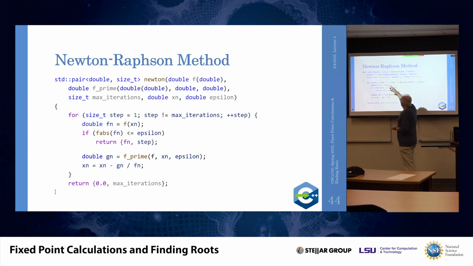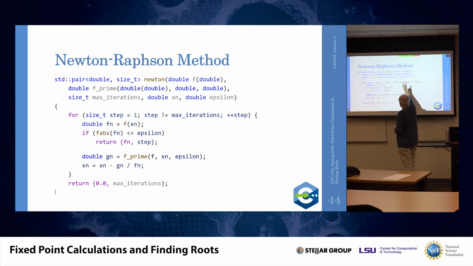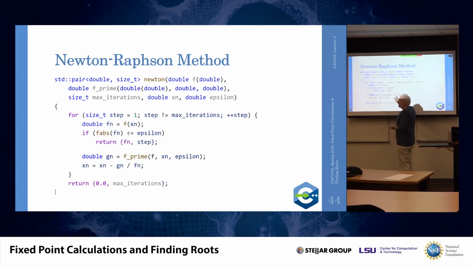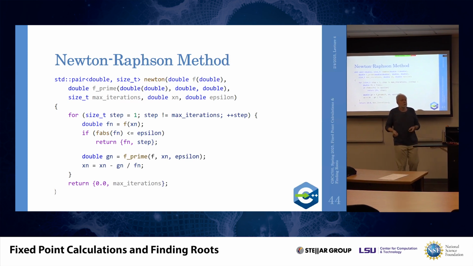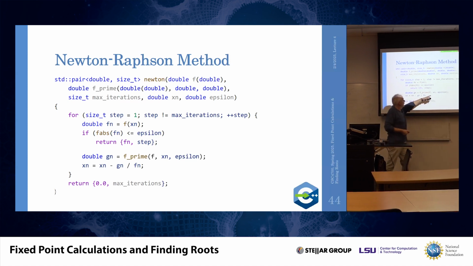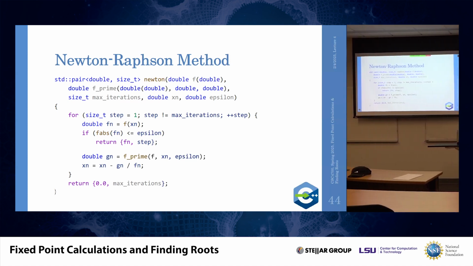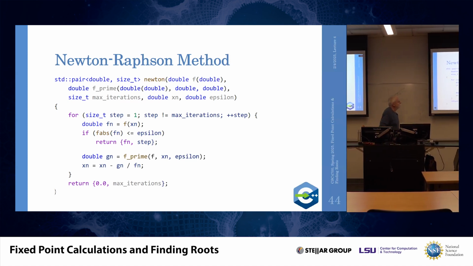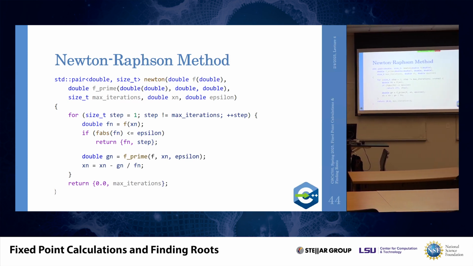Because the f prime now expects a function itself and takes 2 doubles, and we want to invoke it here with our 3 arguments instead of just supplying 1 argument. We now have to supply the function itself, we have to supply xn and epsilon, but otherwise the code is absolutely the same. So let's turn that into an implementation, or into a use of our fixed point function.